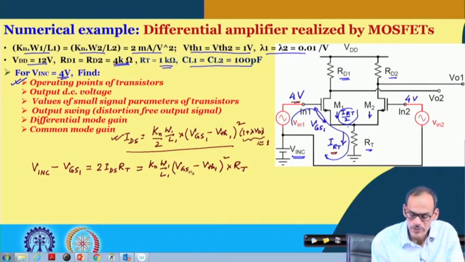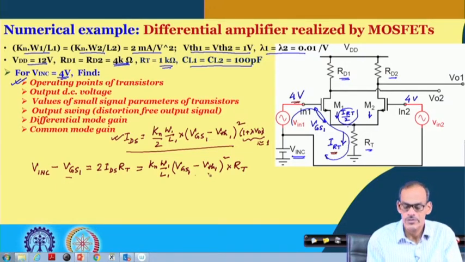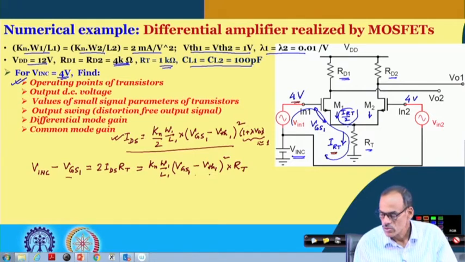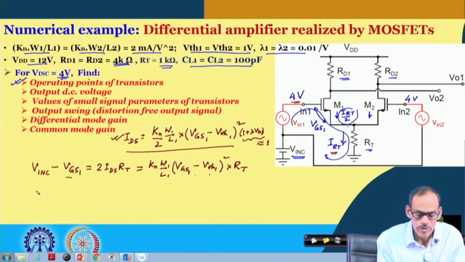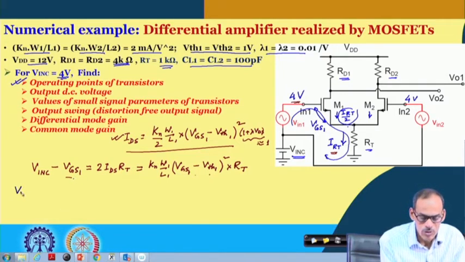Now, we do have VGS 1 here, and of course we do have VGS 1 minus VTH square. So, we can probably directly try to solve and see what is the VGS 1, or maybe a better way is to convert this VGS 1 in the form of VGS minus VTH. What we can do?